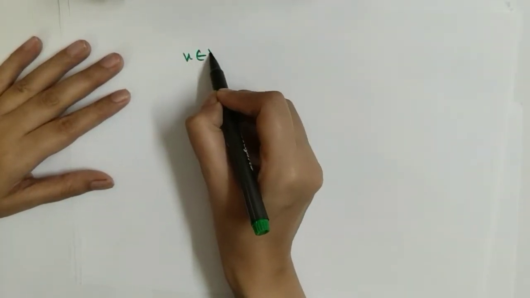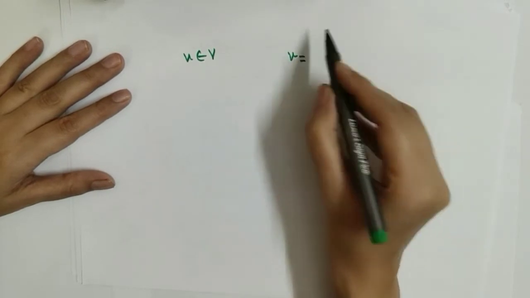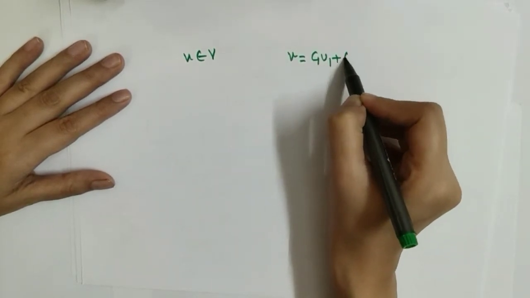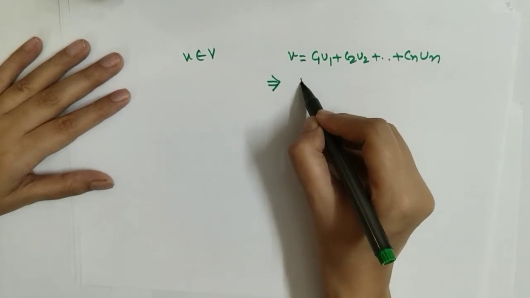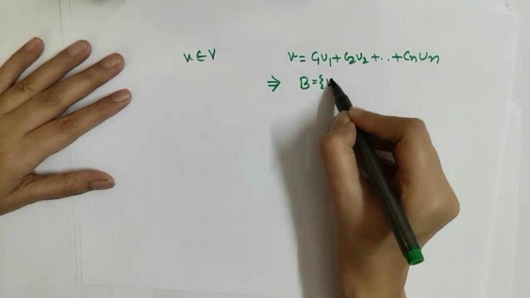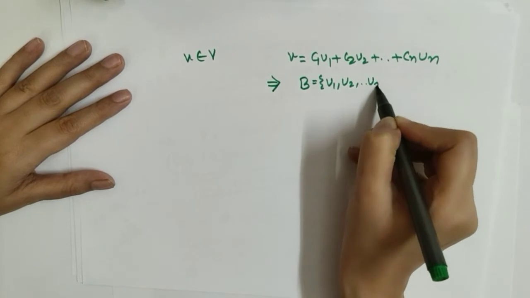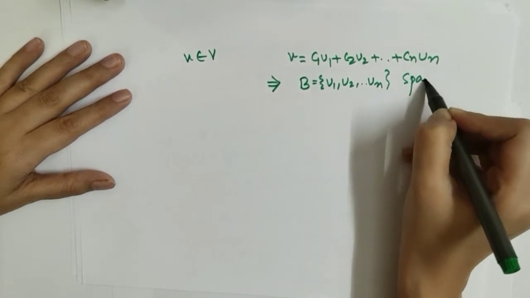Since according to the given condition, any v belonging to V can be written as C1U1 + C2U2 + CnUn, this clearly implies that B, which is equal to {U1, U2, Un}, spans V.